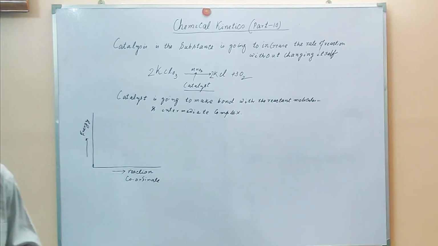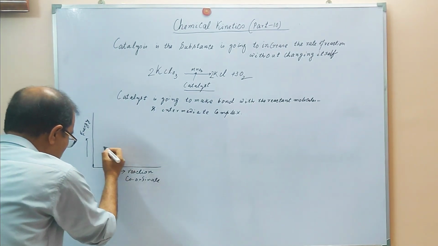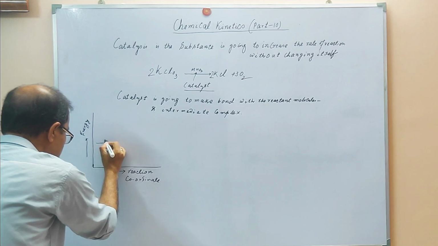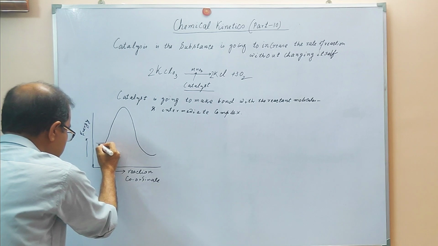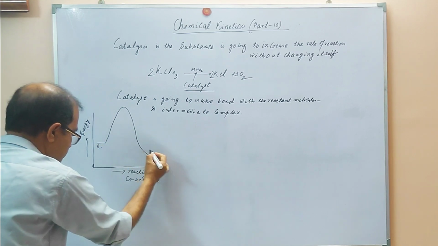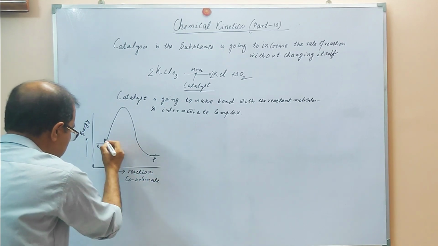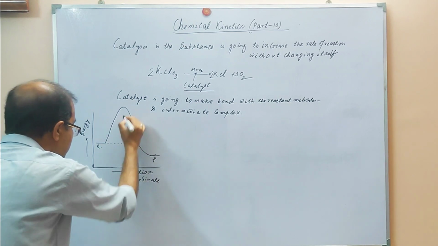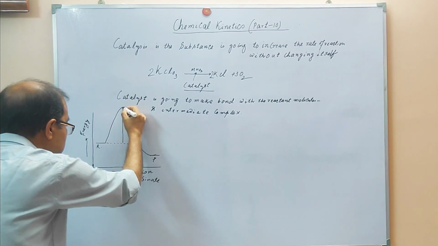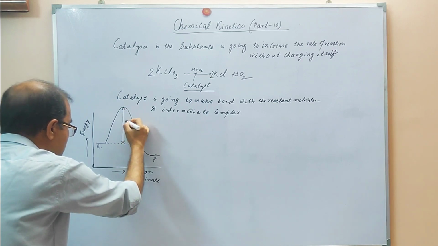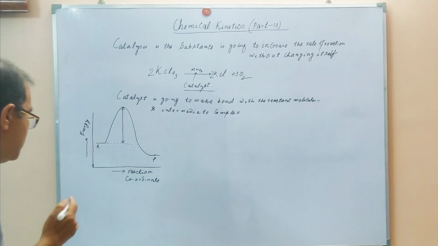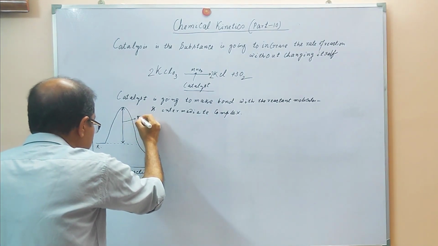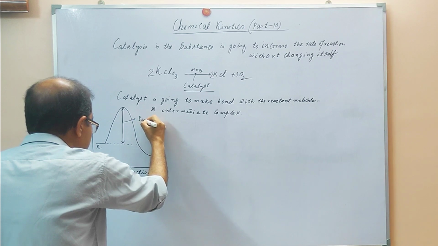It is basically going to give the energy profile of the reaction. So we can write, this is a reactant R, and this is a product. So here you can see the activation energy is this. This amount of energy is required for making the reaction. This is called the activation energy, EA.